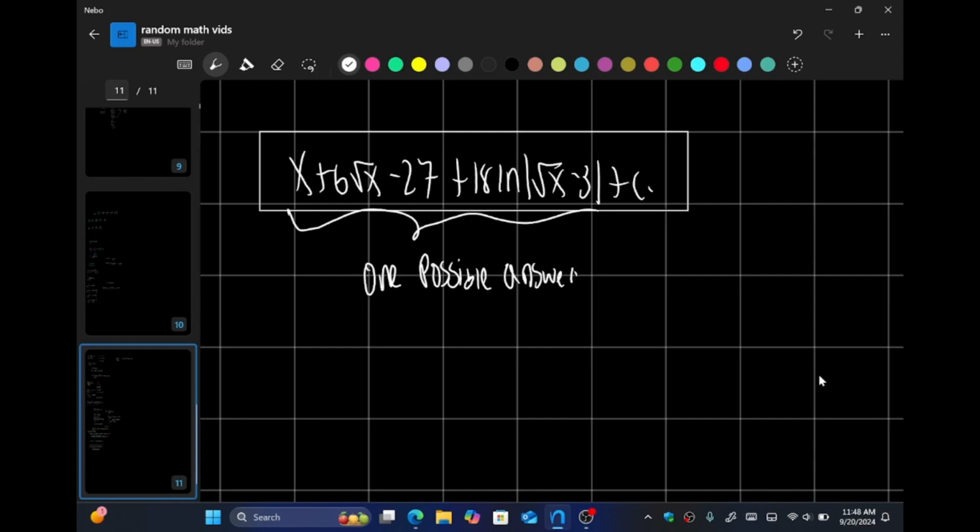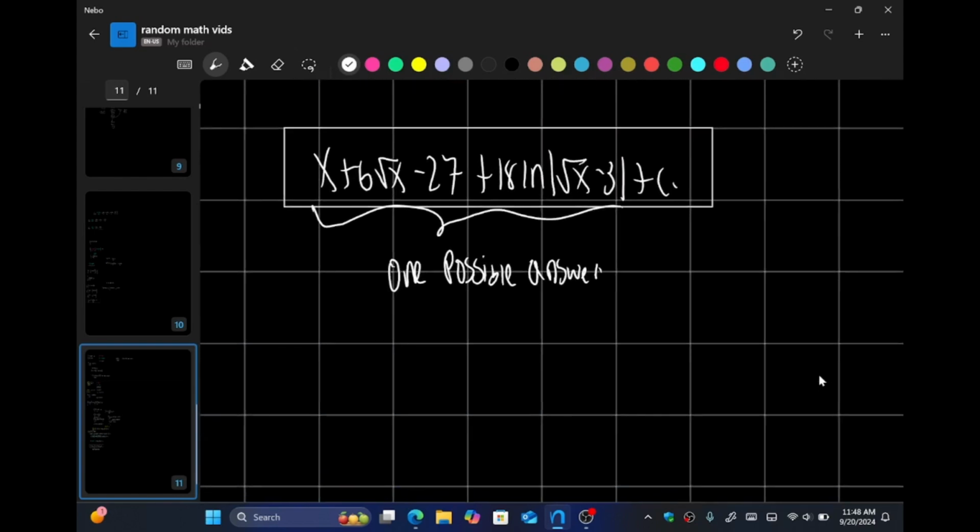However, I did notice, and it kind of stumped me a little bit, that in my textbook, the answer was written a tiny bit different. So this is what I wanted to go over, and this is kind of why I wanted to go over this problem. In some instances, they do not include any other constant in the answer, meaning that, for example, our answer is not going to have a negative 27. It is going to automatically go with the arbitrary constant c.